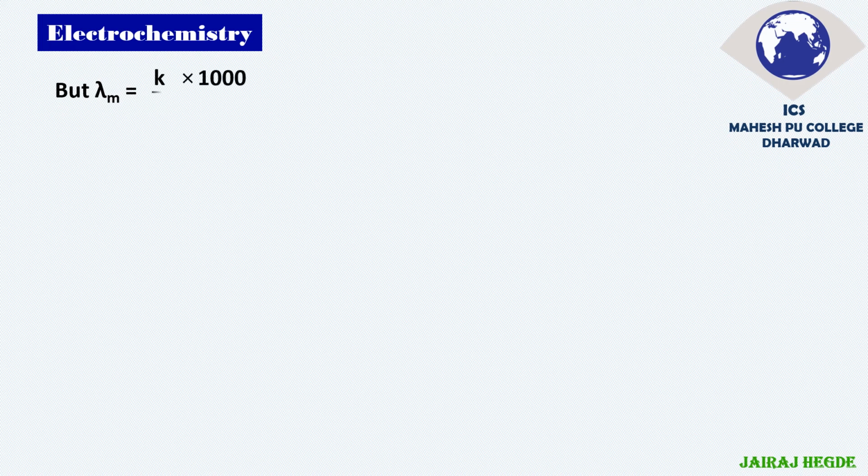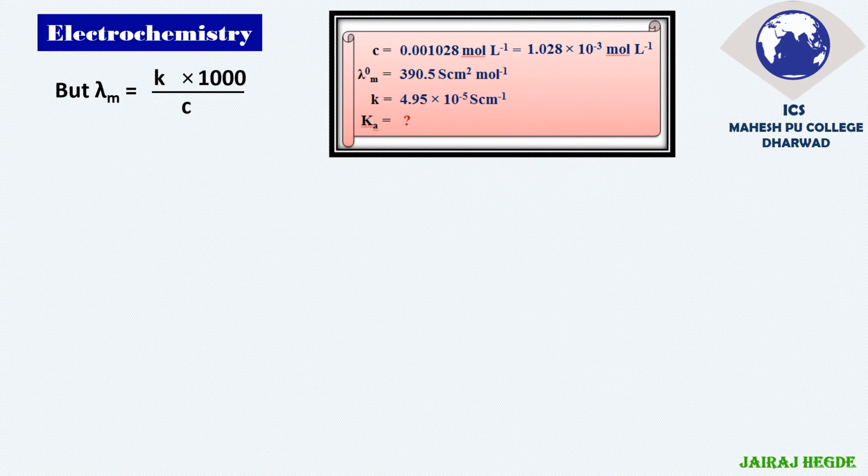Initially, we should calculate lambda m, as we don't know it. Using the value of kappa and concentration, we can calculate lambda m. As they have given kappa in Siemens per centimeter, we use the formula lambda m is equal to kappa into 1000 divided by C, so that we get lambda m in Siemens centimeter square per mole.